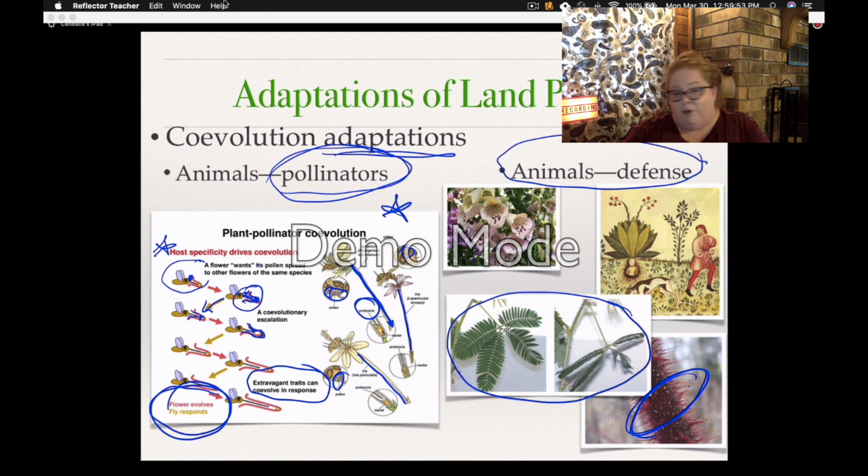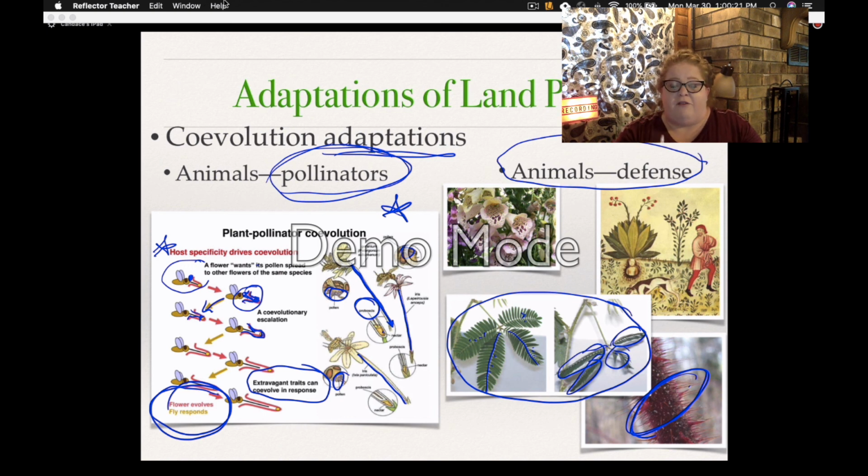So this is a mimosa plant, and when it gets touched, and we're going to talk about this process when we talk about hormones in plants, it causes these leaves to wilt down and look like this. And so to any other animals that might come past it, they look sickly, or they just don't look like there's very much food there, and so they bypass them.